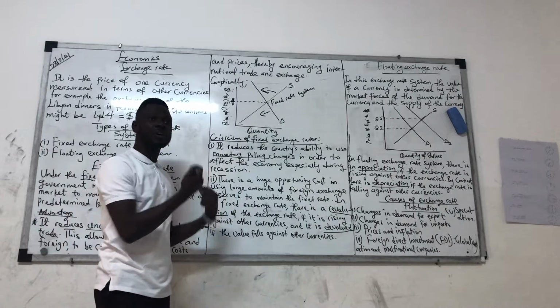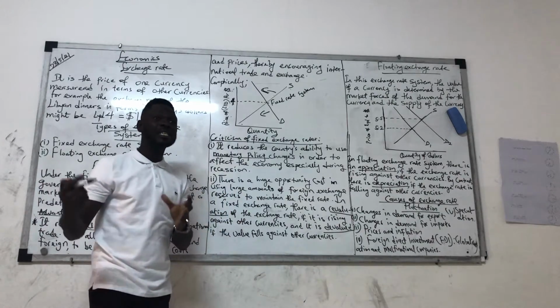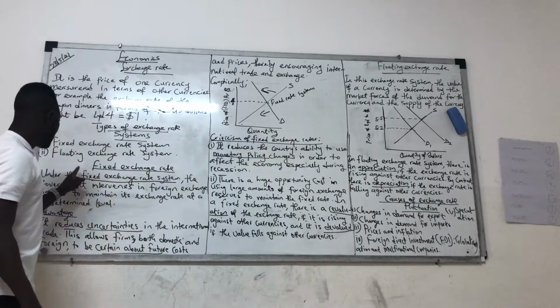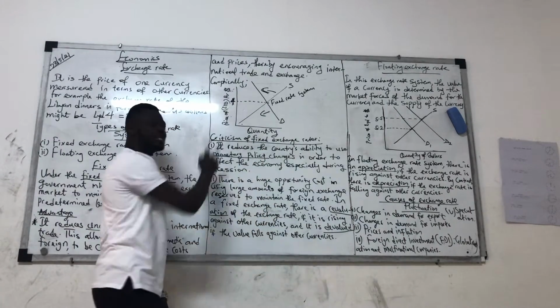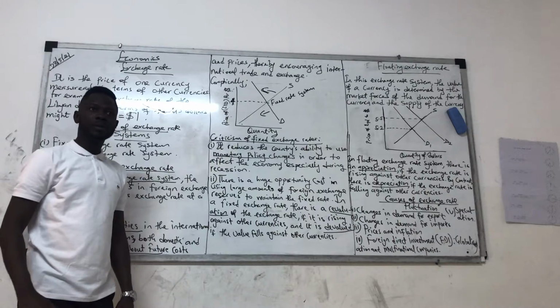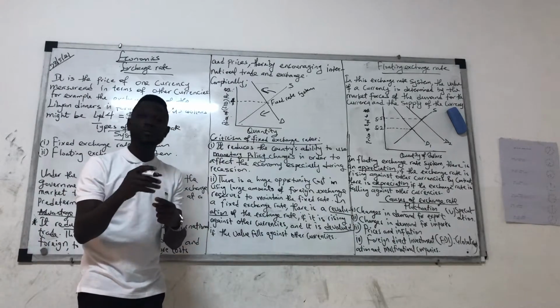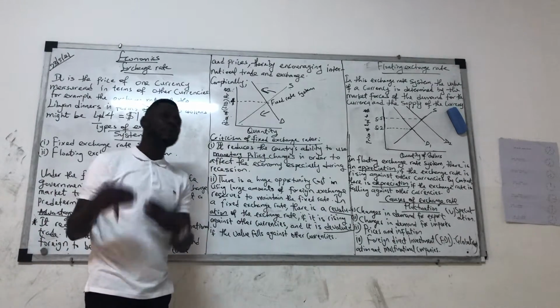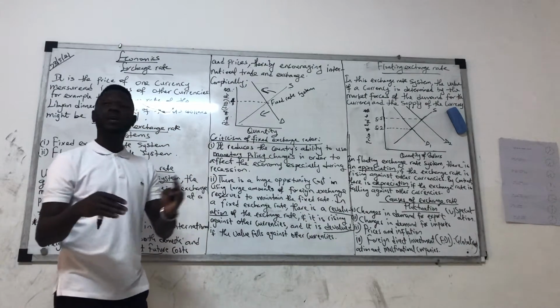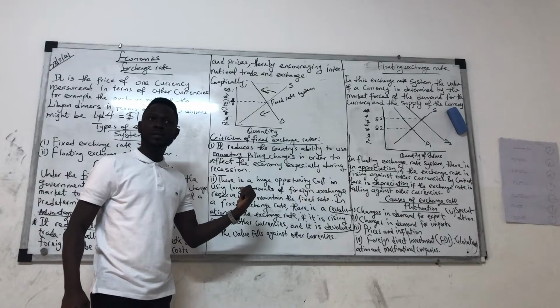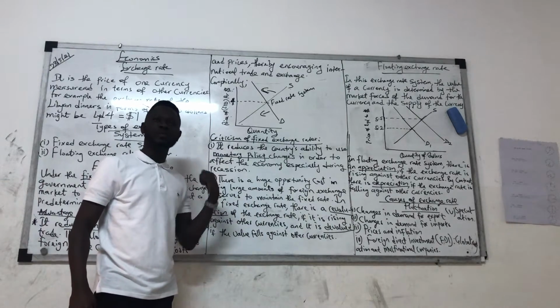But if there's a decline in economic activity, because our country has initiated a fixed exchange rate, we won't be able to use what? Monetary policy to solve this problem. So we won't be able to use monetary policy to solve low aggregate demand. We won't be able to use monetary policy to solve low supply because we have a fixed exchange rate.